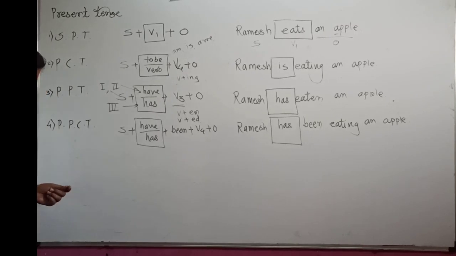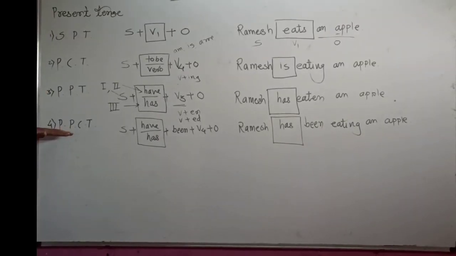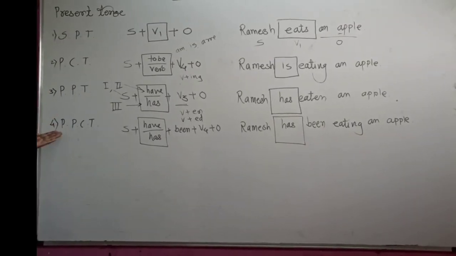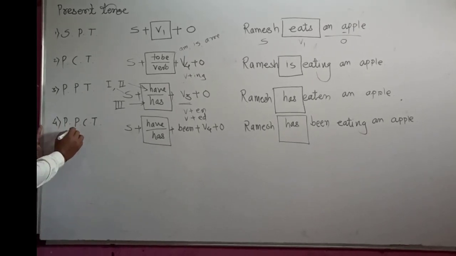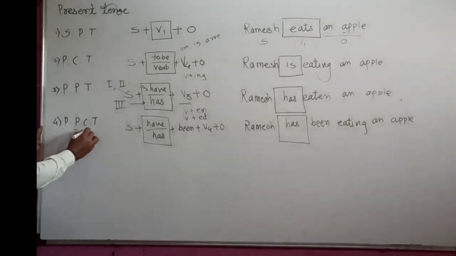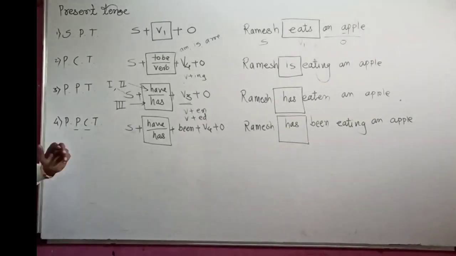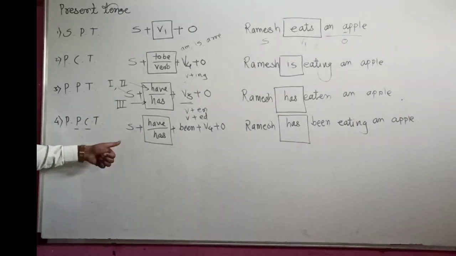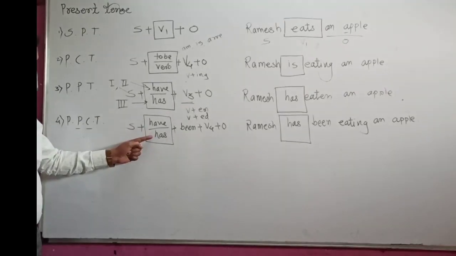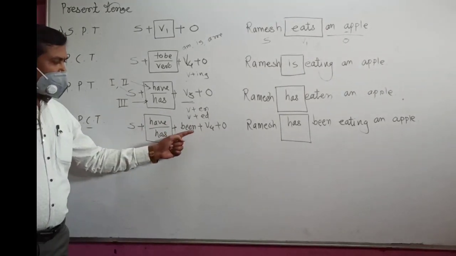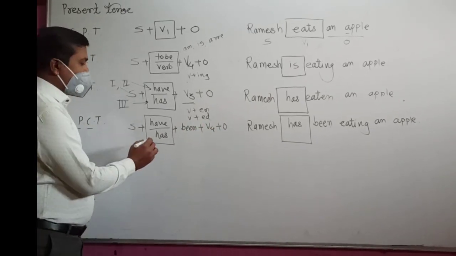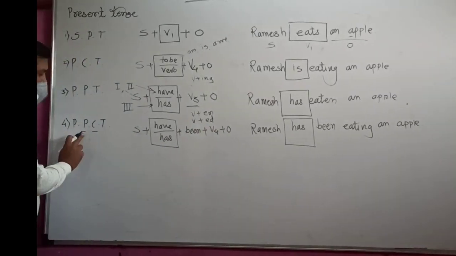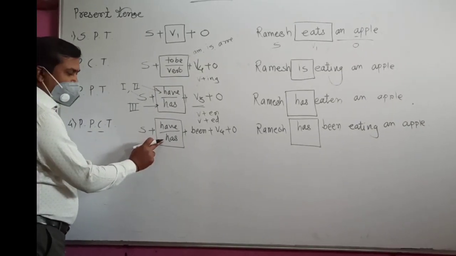The fourth and last type of present tense is the present perfect continuous tense. In this tense there is perfectness and also continuity. The formula is subject plus have or has plus been plus V4 plus object. Here is a perfect tense, that's why have and has are there.